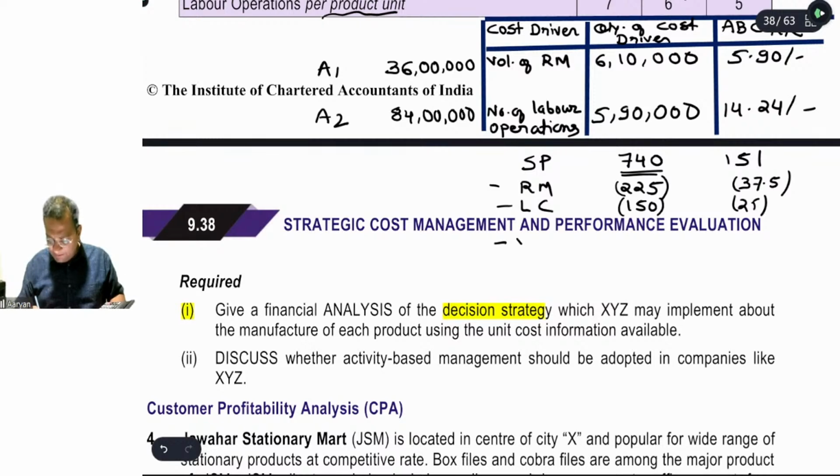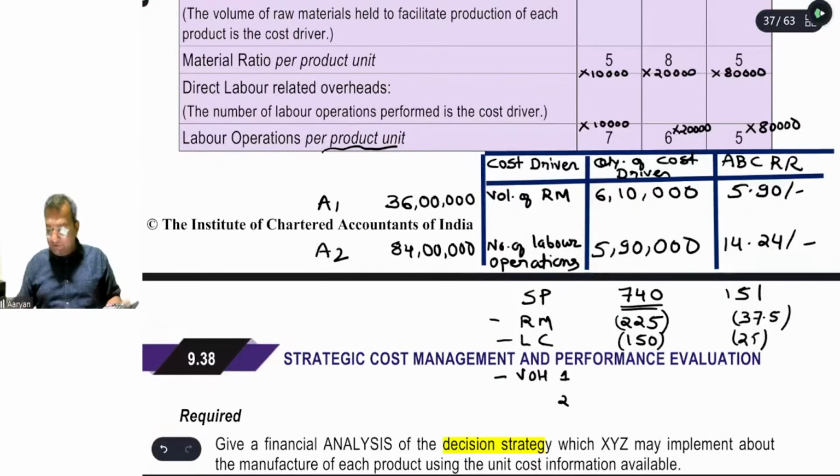Okay, minus variable overhead 1, that is material related and variable, number 2, 5.9 is per unit of raw material. Per unit of raw material how many units of raw material are required? 5, so 5 into 5.9, it's 29.5 rupees.